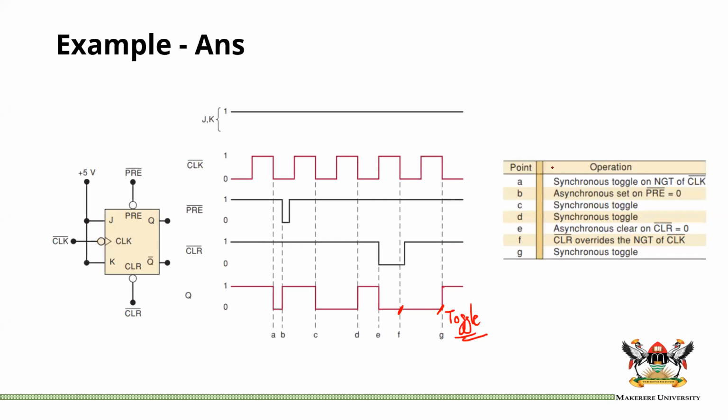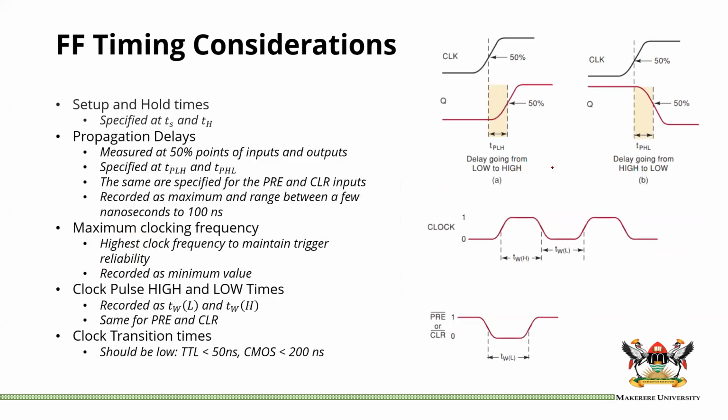Here we need to consider a few issues around timing considerations. These are not so key, but I think we need to understand them as well. We've already looked at setup and hold times.